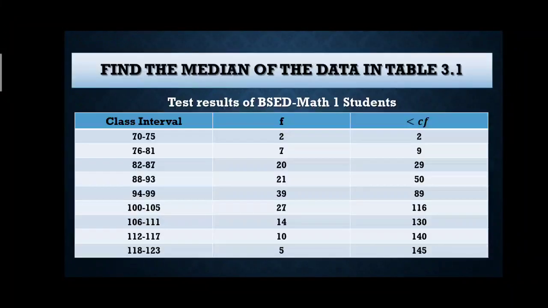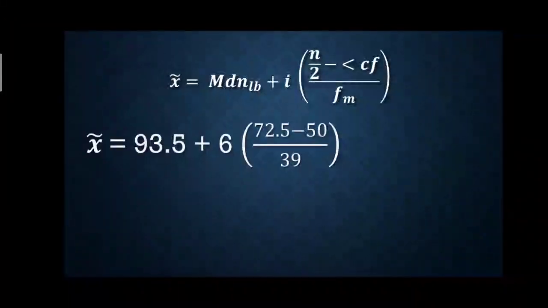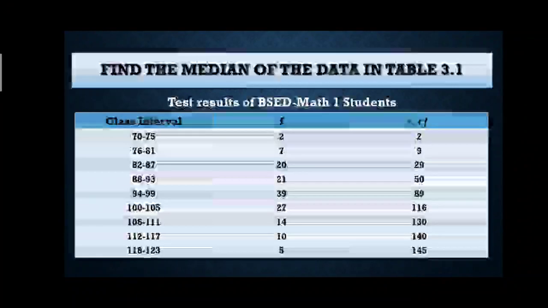How to get the interval? Just count the numbers: 70, 71, 72, 73, 74, 75. So we have 6. How to get 39? So just get the frequency of the middle class.